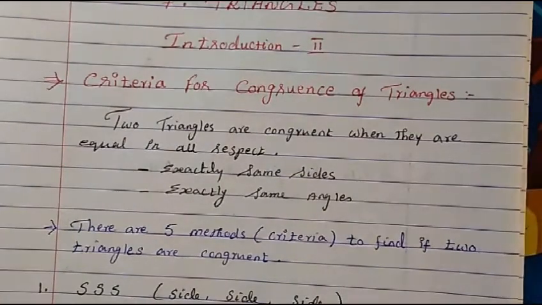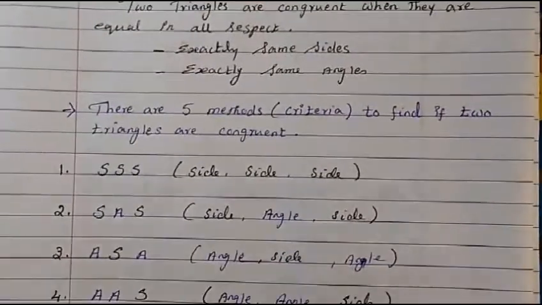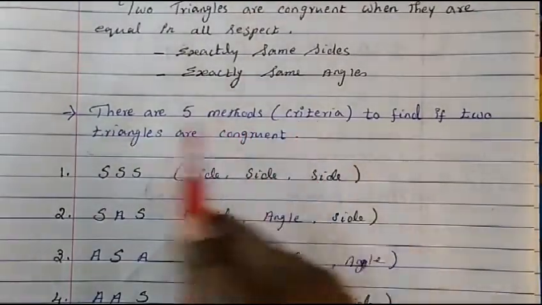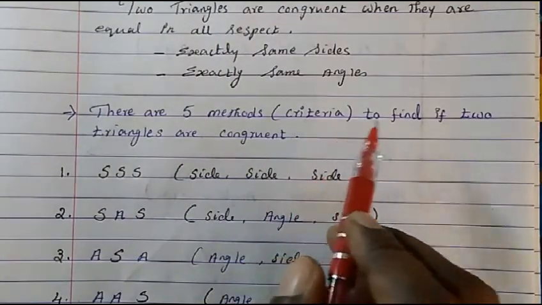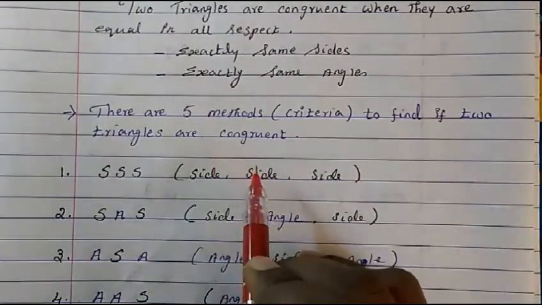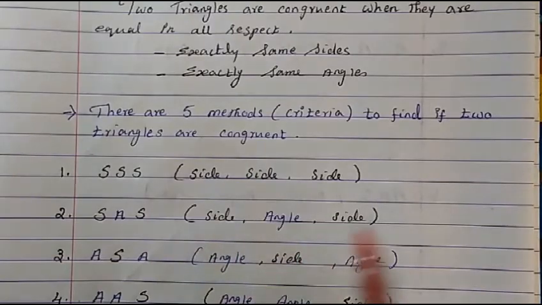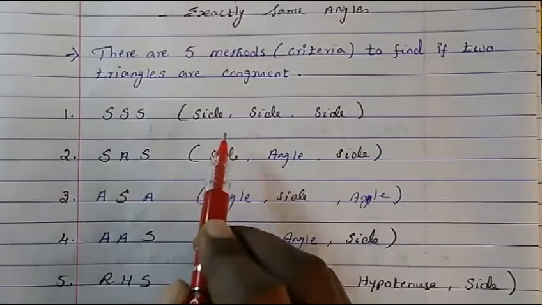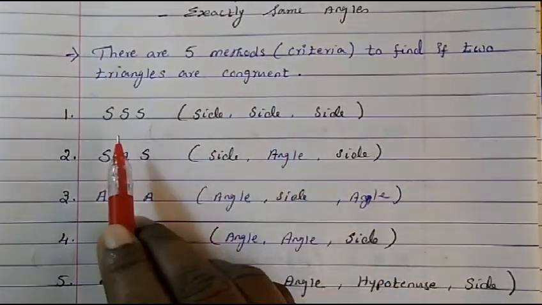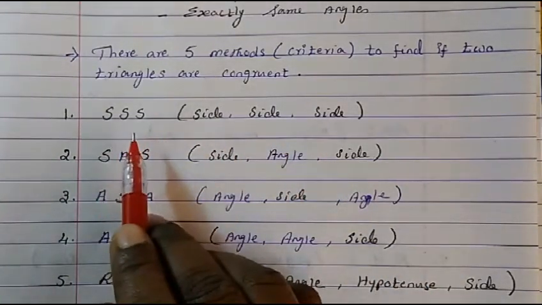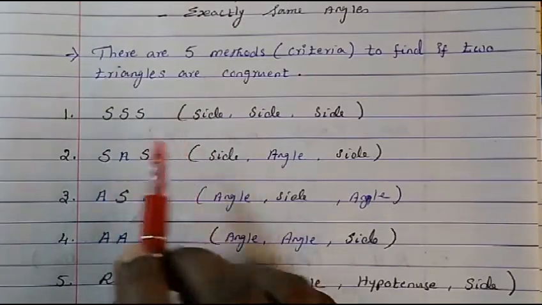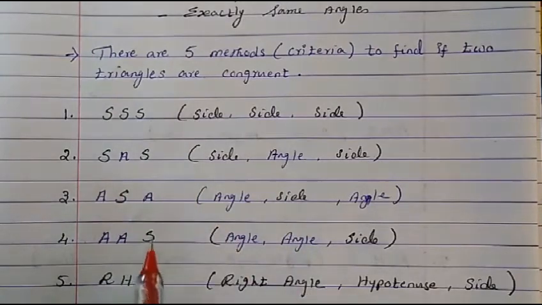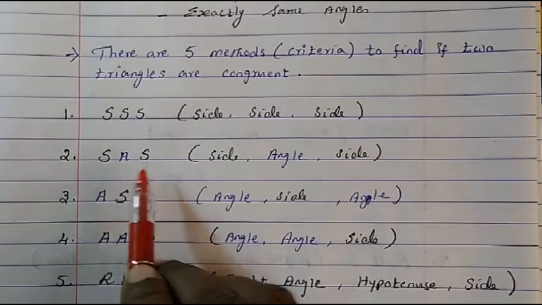How to find out? There are 5 methods, or you can say criteria, to find if two triangles are congruent or not. First is SSS, meaning side, side, side. If you see in two triangles all 3 sides are the same, then by SSS criteria they are congruent. Second is side, angle, side.